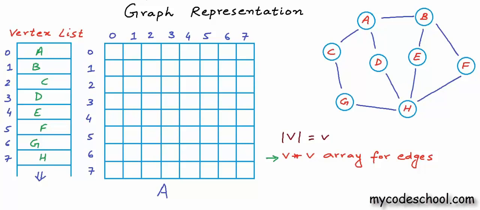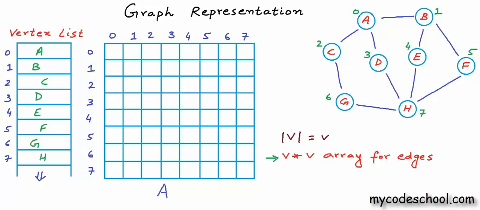And if we have a value or index between 0 and v minus 1 for each vertex, which we have here if we are storing the vertices in a vertex list, then we can say that A is 0th node, B is 1st node, C is 2nd node, and so on.